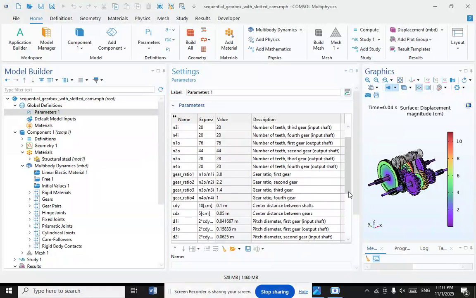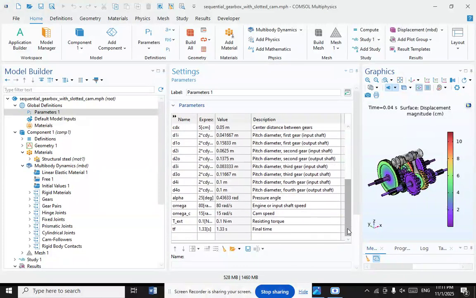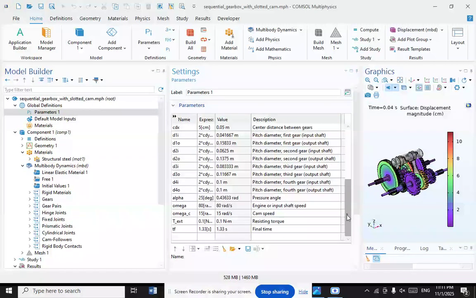And the other parameters are the gear ratio for first gear, gear ratio for second gear, and so on until fourth gear, the center distance between shafts, and the pitch diameter for all of the gears, for example first to fourth gear.